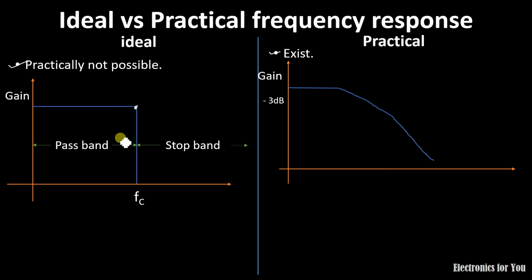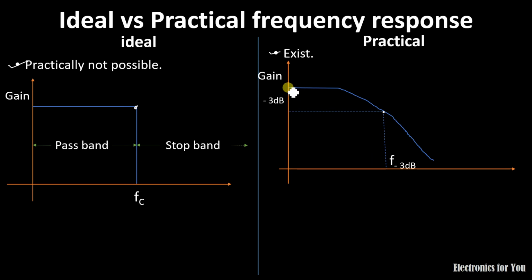Again the question will be which is pass band and which is stop band. So for that, again, one frequency is considered. It is called the minus 3 dB frequency, which is defined as the frequency at which the power delivered to the load reduces to 50% of the maximum value.